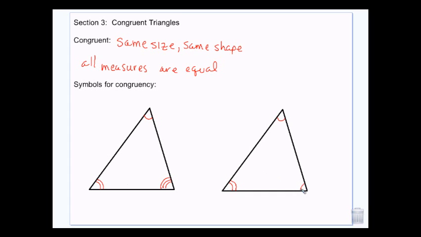This side will be the same as this side. And that'll be true if I took this second triangle and rotated it around, but it had the same markings. The same number of loops means they're the same angle measure. The same number of little dash marks means they're the same length.